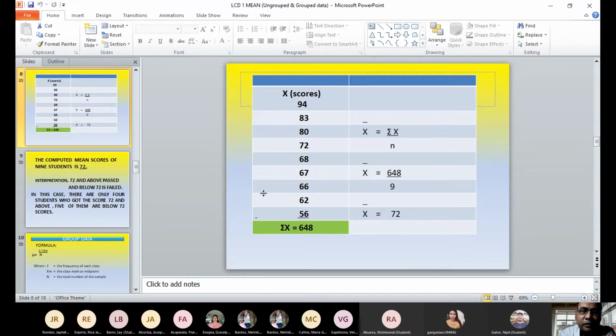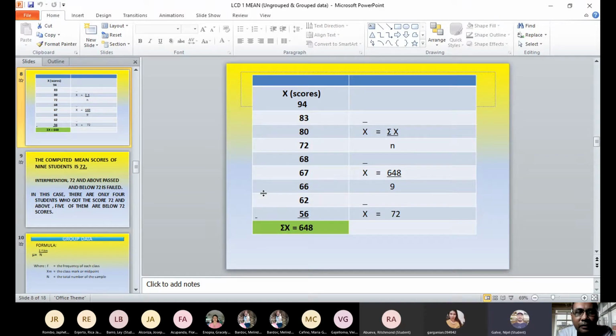So in other words, from the given scores of 9 students, we can determine how many of them got the passing scores or passing grades and the number of students who got the failing grades or scores.